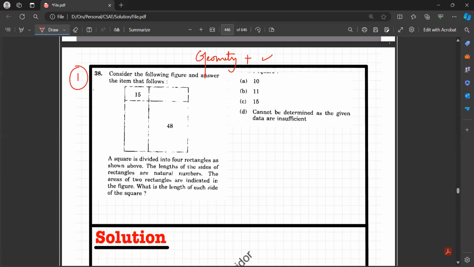Now, if this is 15, can I make it as 1 into 15 or 3 into 5 or 5 into 3 or 15 into 1? Any of this combination is possible.